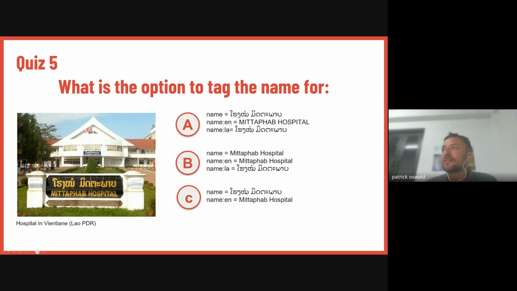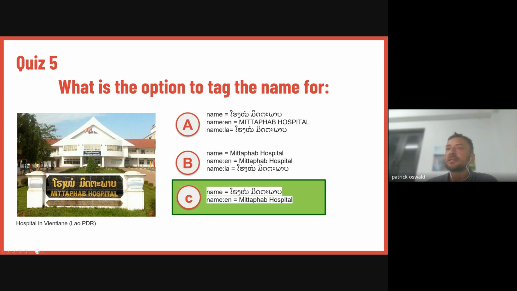Now I've seen a mix between B and C. I would say in this case, C is a better one because this is a place located in Laos, in Vientiane, where the local main language is the Lao language. Here the main language for name is using English.